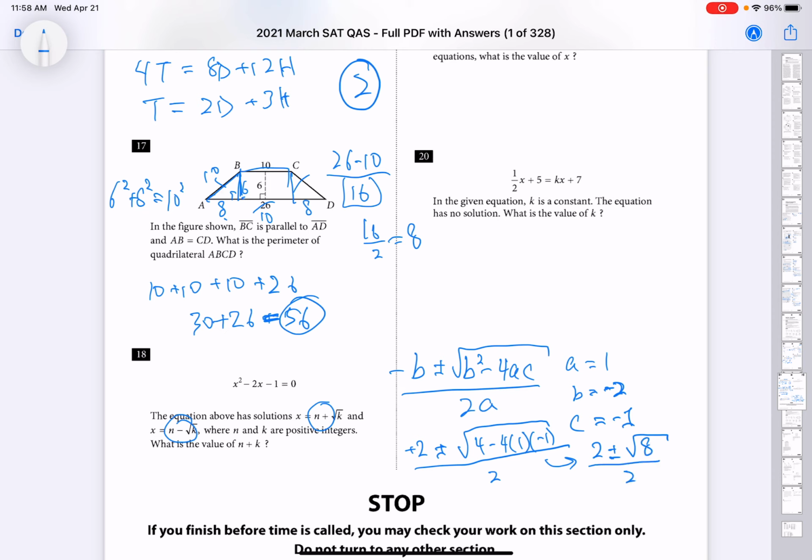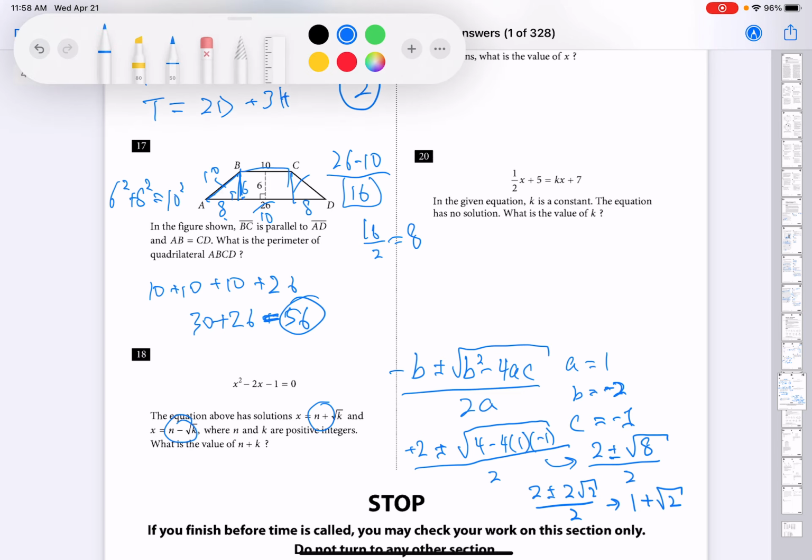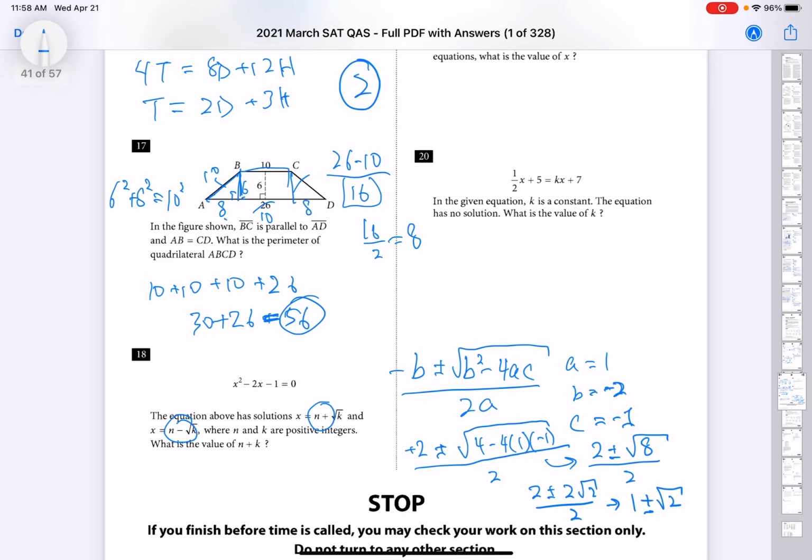And then this becomes 2 plus or minus 2 radical 2 over 2. Then divide everything by 2 on the terms, and you're going to get 1 plus or minus the square root of 2.